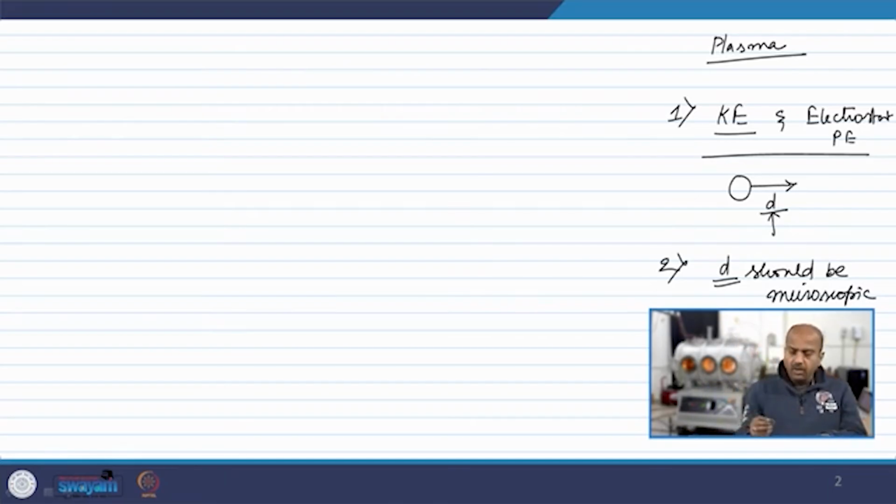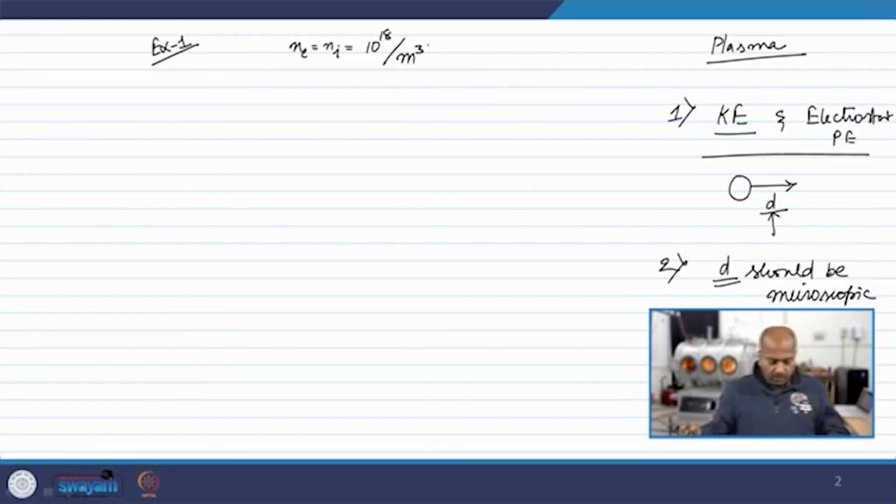Let us say we consider, so this is example number 1 for today's class. Let us consider a uniform plasma with number of electrons equal to number of ions, which is of the order of 10^18 per meter cube.